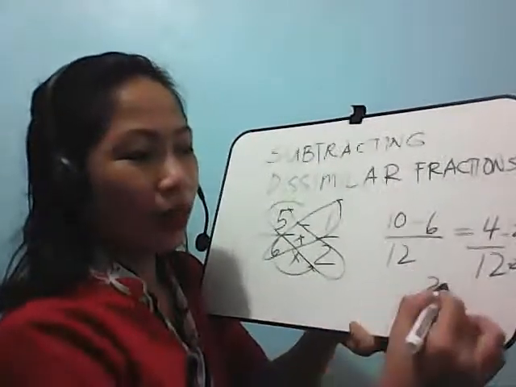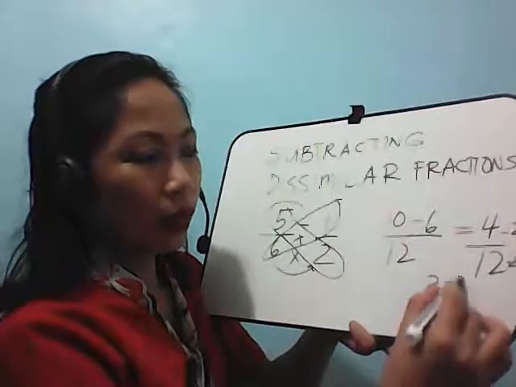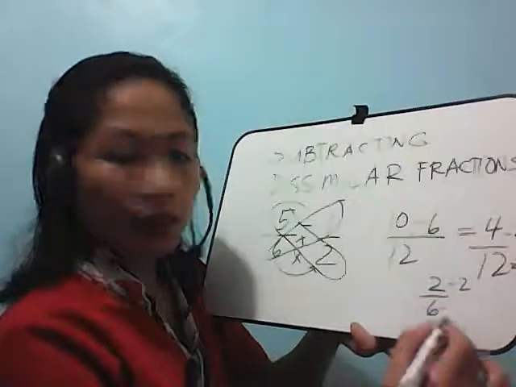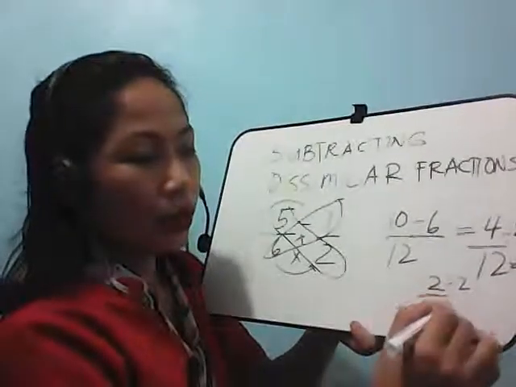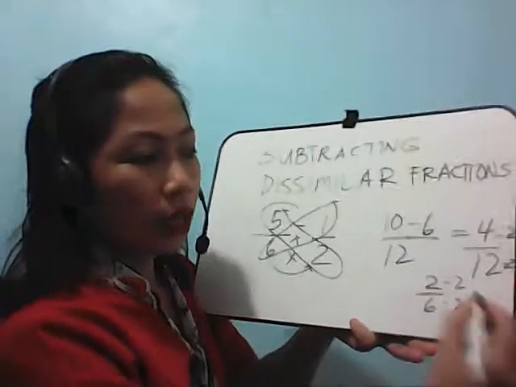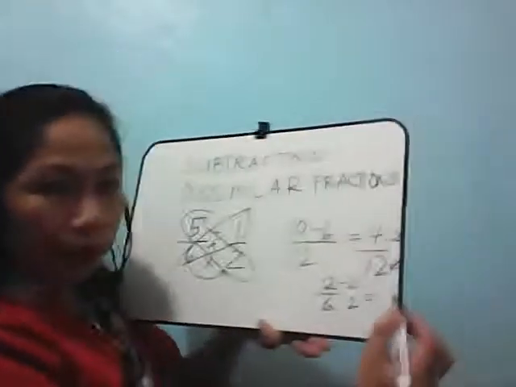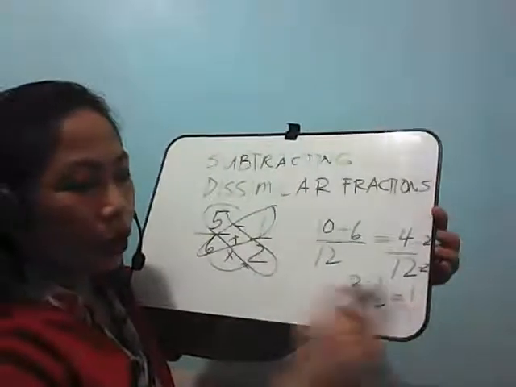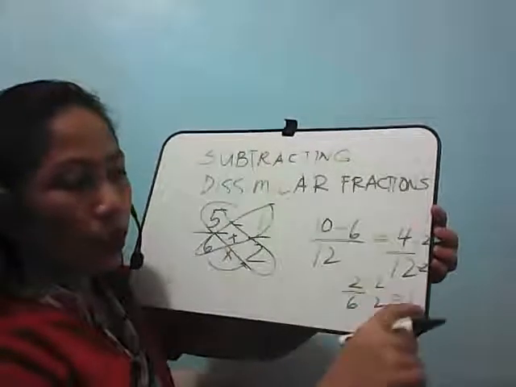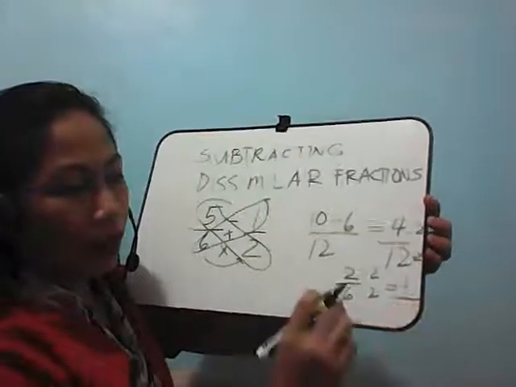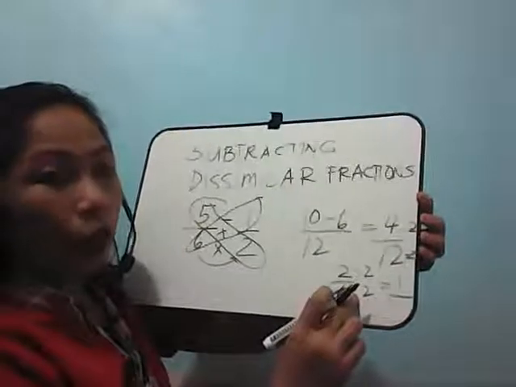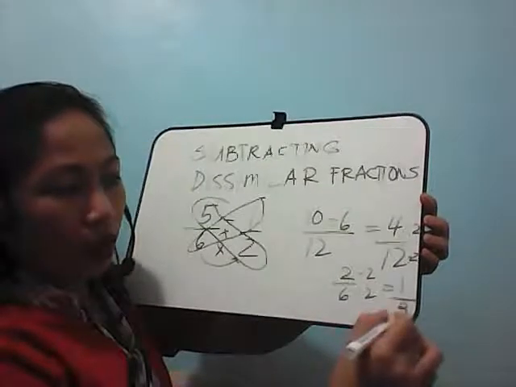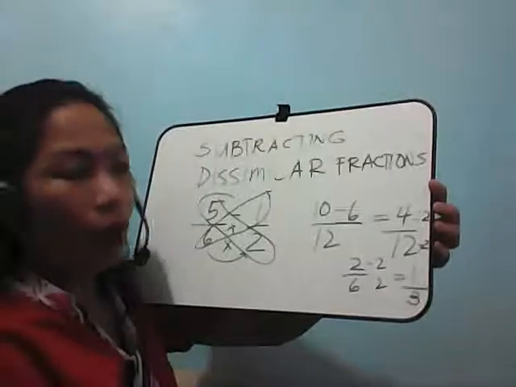We divide both again by 2. 2 divided by 2 is 1, and 6 divided by 2 is 3. So, our final answer is 1/3.